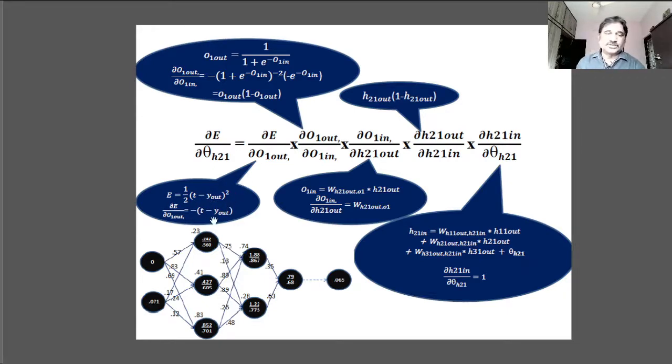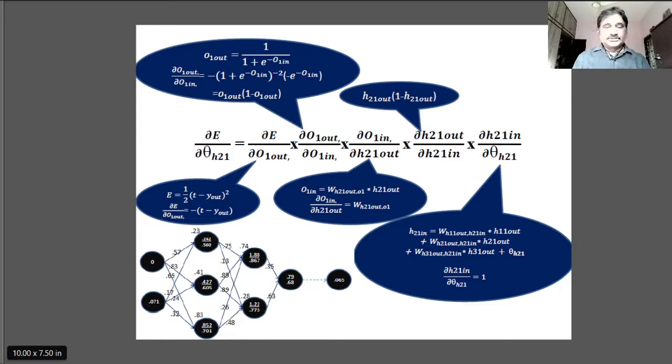Differentiation of this along with summation sign will come as 1 by 2 multiplied by 2 multiplied by (t minus O1 out) multiplied by differentiation of this, that comes equal to minus 1.